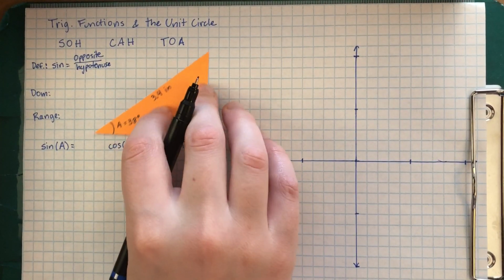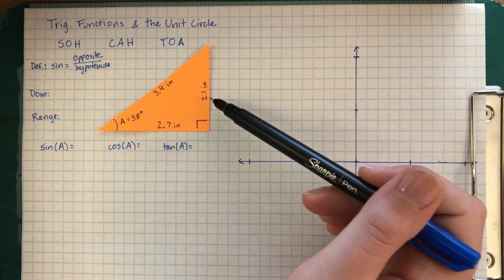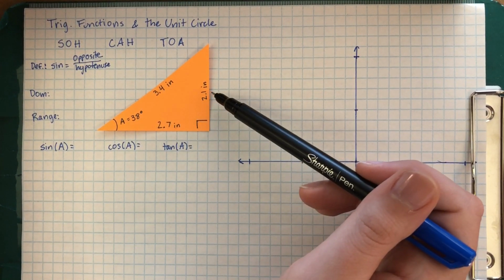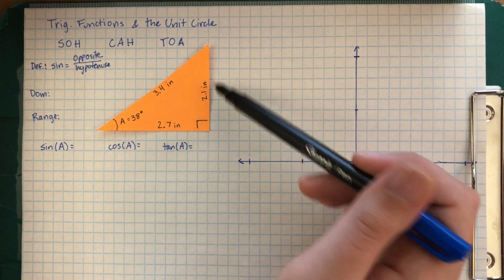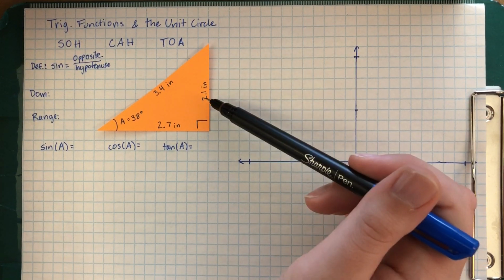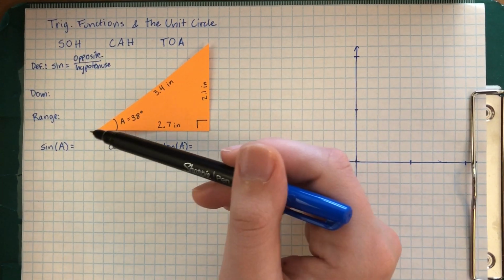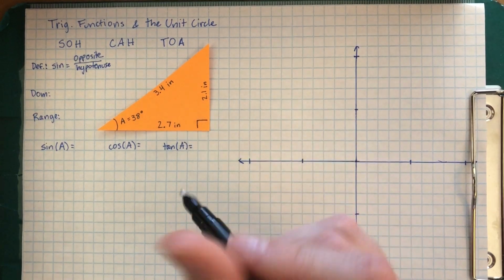And in this case, referring to A, the opposite side to A, the furthest side away from it, is 2.1 inches. And the hypotenuse is 3.4 inches.